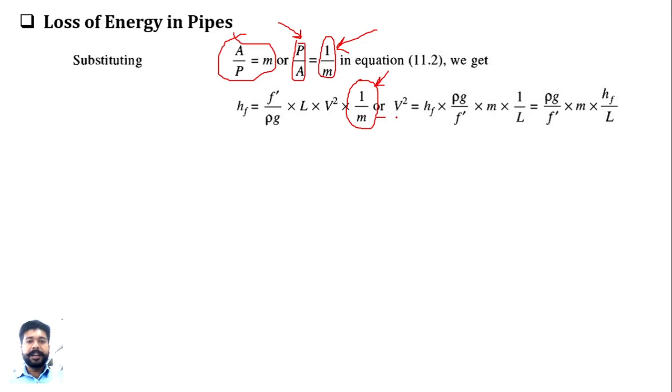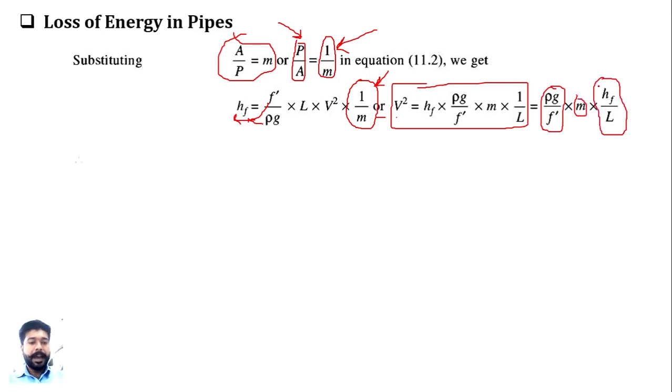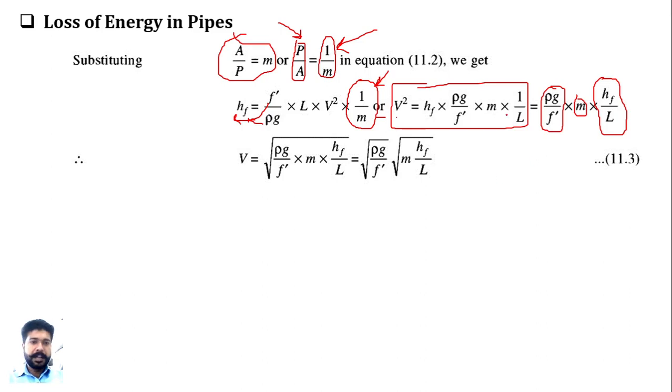Or we can write that V square equals hf into rho g divided by F dash, into m, into 1 divided by L. So we can also write this equation in this form, and after the simplification, rho g divided by F dash m, and the third component, hf divided by L. So this whole thing equals V square.